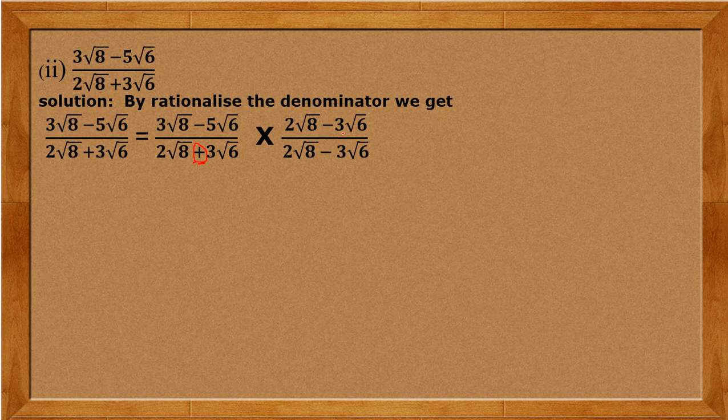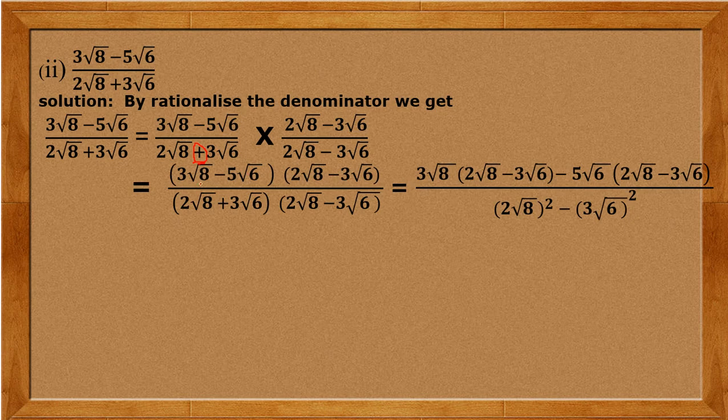The quantities are same, 2 root 8 and 3 root 6, but the sign is different, plus becomes minus. So when numerator is multiplied by numerator and denominator by denominator, we get 3 root 8 minus 5 root 6 multiplied by 2 root 8 minus 3 root 6 in the numerator, and the denominator is the same brackets multiplied to each other.